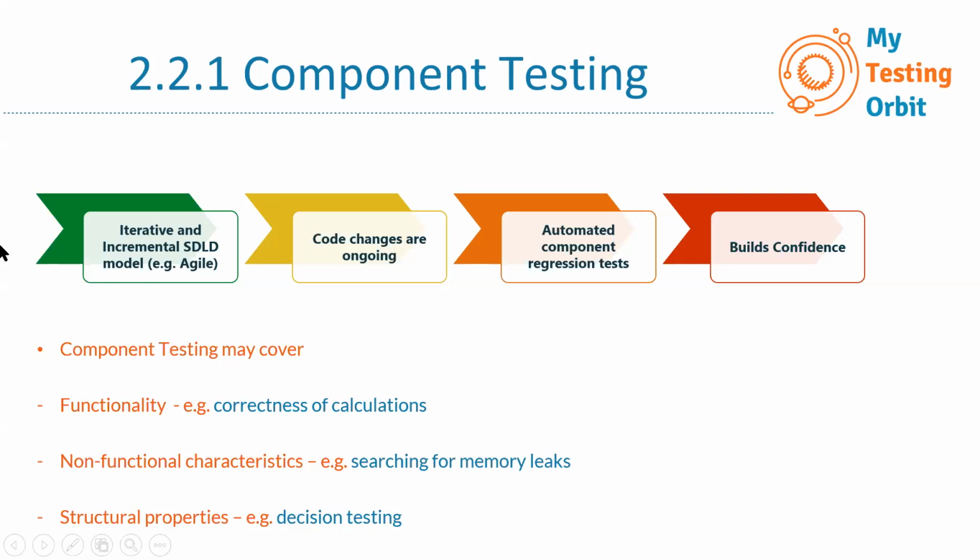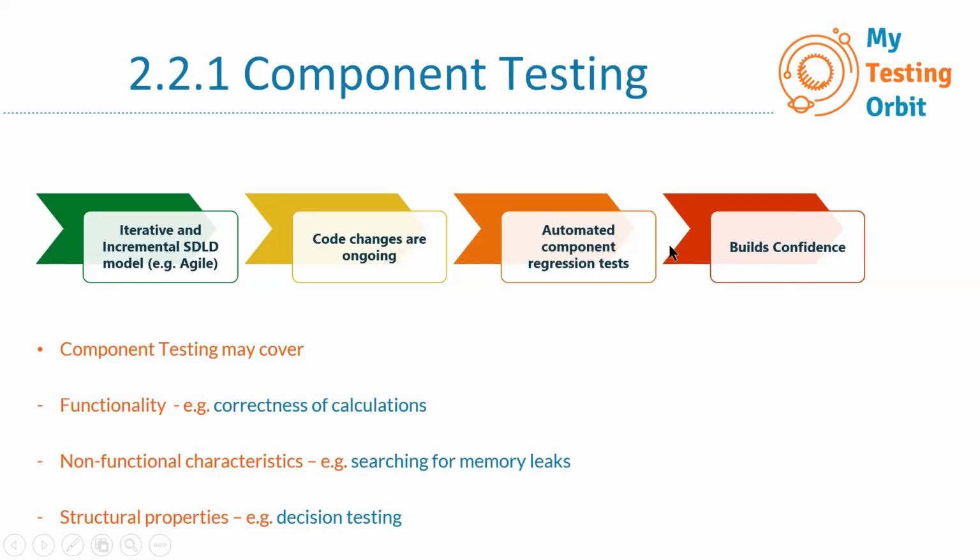That's why, if we are doing an iterative and incremental model, it is wise to use automated component regression tests, because then we can just run the automated test and it can save us time, and it can also give us better, stable results. As it says, it builds confidence.